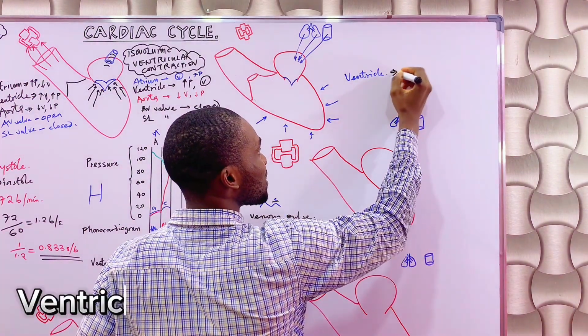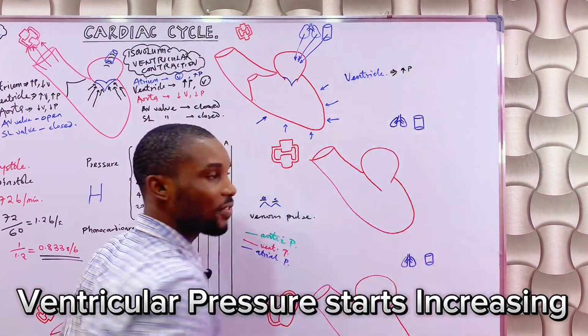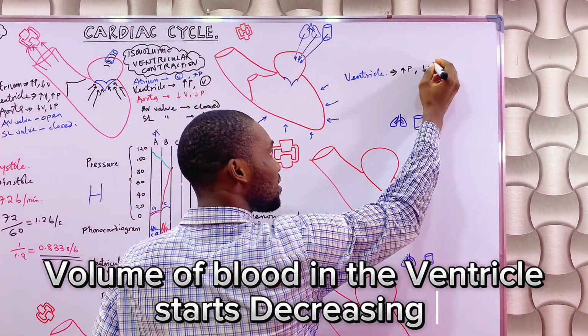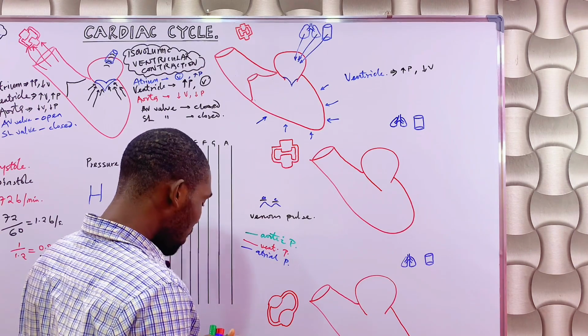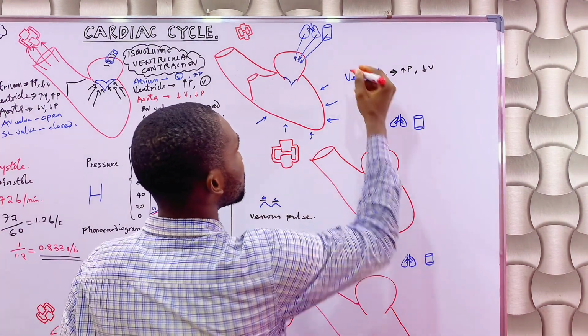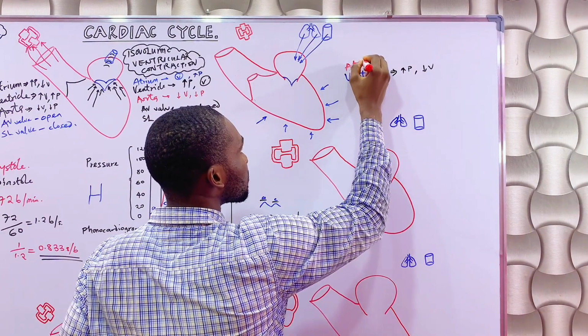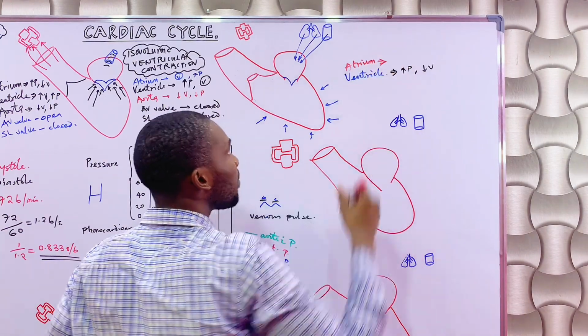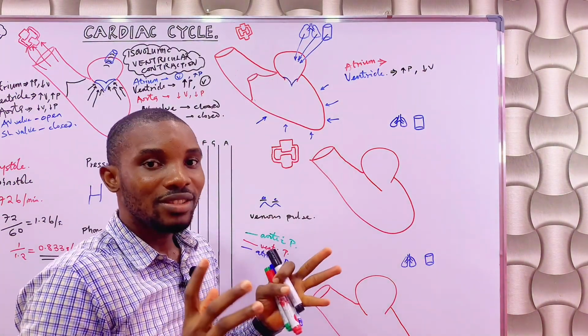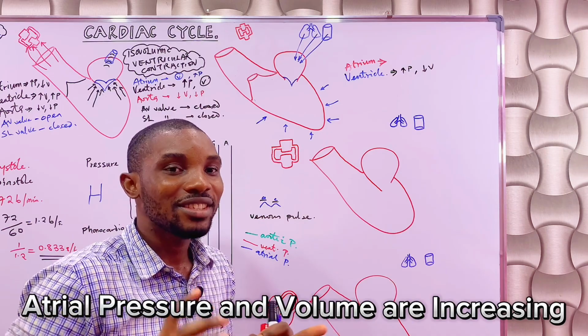So we have increasing pressure because the ventricle is being squeezed, right? Then the volume is decreasing. That's cool. So we have the volume decreasing. Then how about the atrium? The atrium, remember, is receiving blood. So as it's receiving blood, its volume and pressure are increasing gradually.